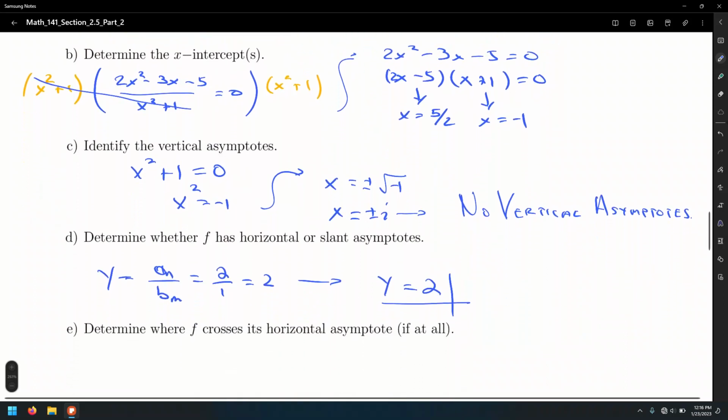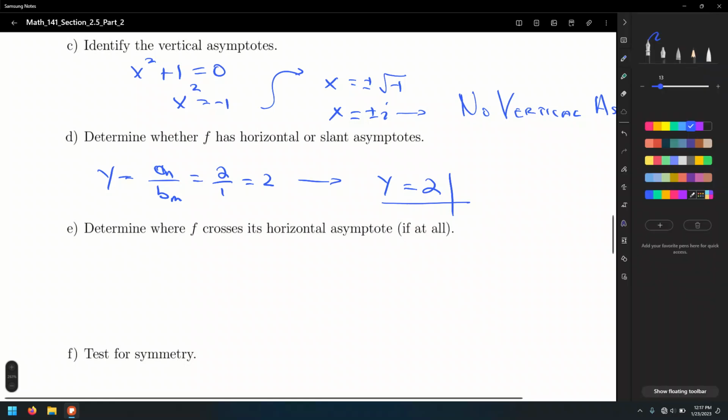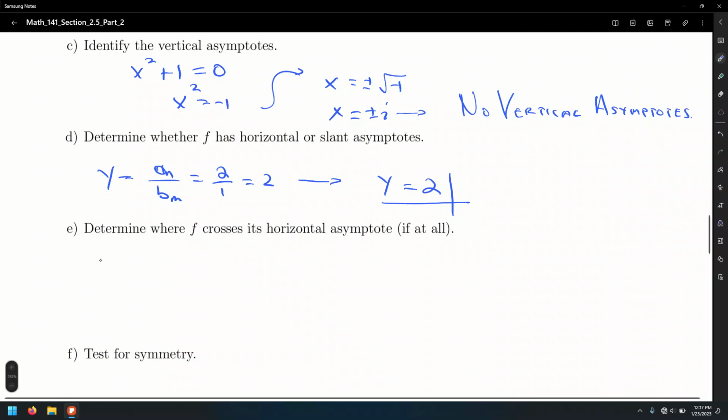And now we will determine whether f crosses its own horizontal asymptote. All we do is set the original function, let me write it down, (2x² - 3x - 5) divided by (x² + 1), equal to the value of the horizontal asymptote, that equals 2. And yes, initially this equation is going to look a little scary, but you'll see what's going to happen here.